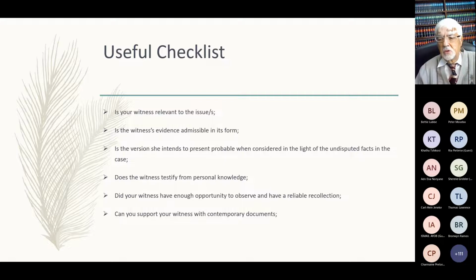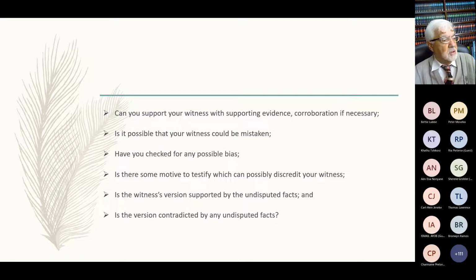They are absolutely crucial to your case because judges see documents as an objective, external manifestation of what happened between the parties, and they can rely on it. So use the documents. Do you have supporting evidence? For example, corroboration if it is necessary.